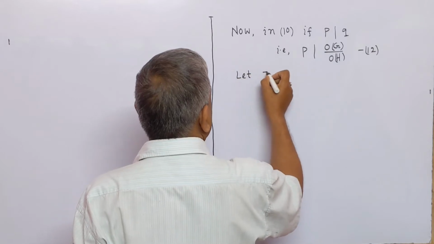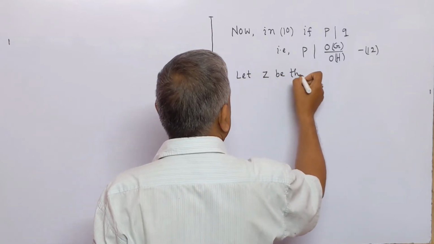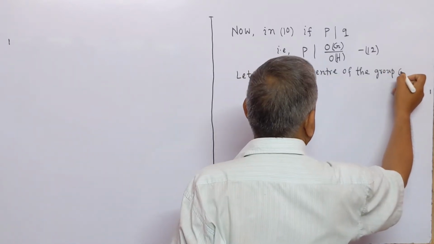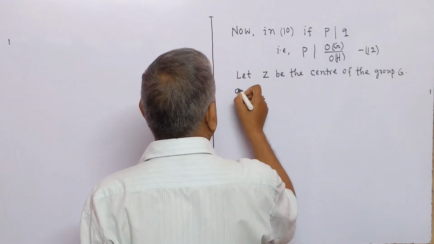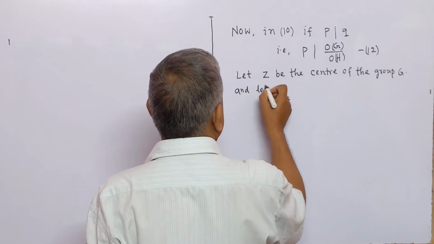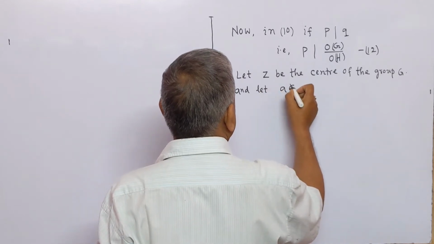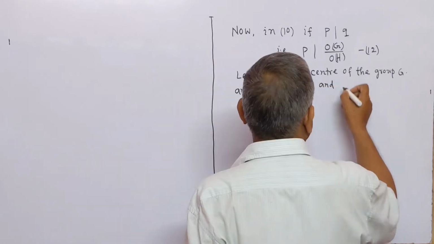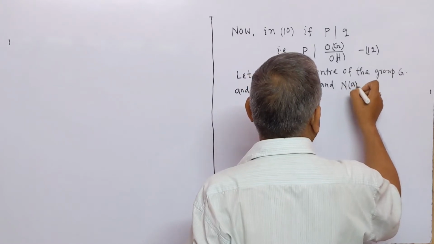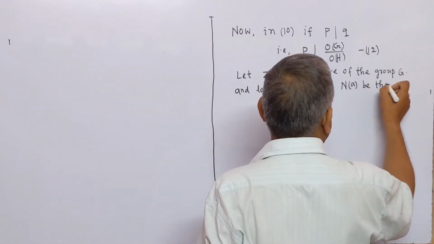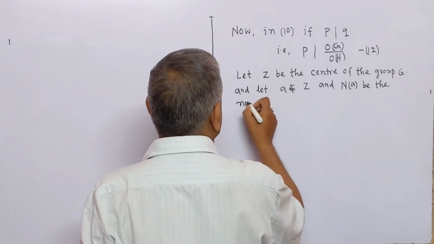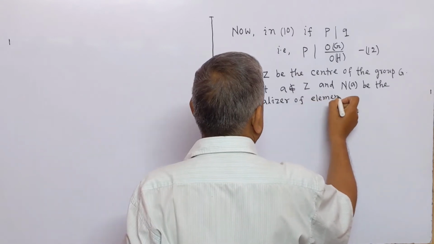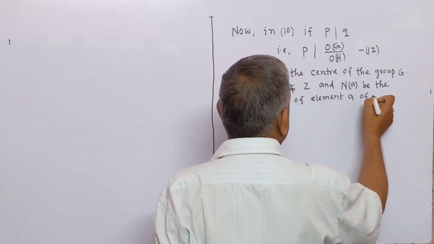Let Z be the center of the group G, and let A not belong to Z, and NA be the normalizer of element A of group G.